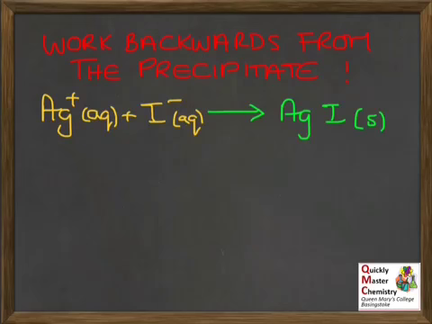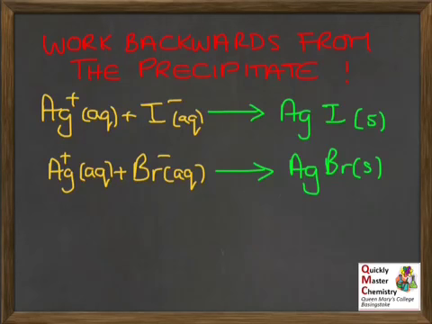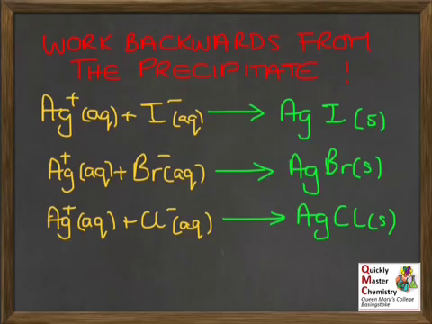And we can do that for any of these silver halide precipitates. So if you get a cream precipitate, you think to yourself, silver bromide, there must have been bromide ions present, and that's AgBr solid. Unpack that, and we get Ag+ (aq) and Br- (aq) as our reactants. And we've already shown for the silver chloride, Ag+ (aq) reacts with Cl- (aq).